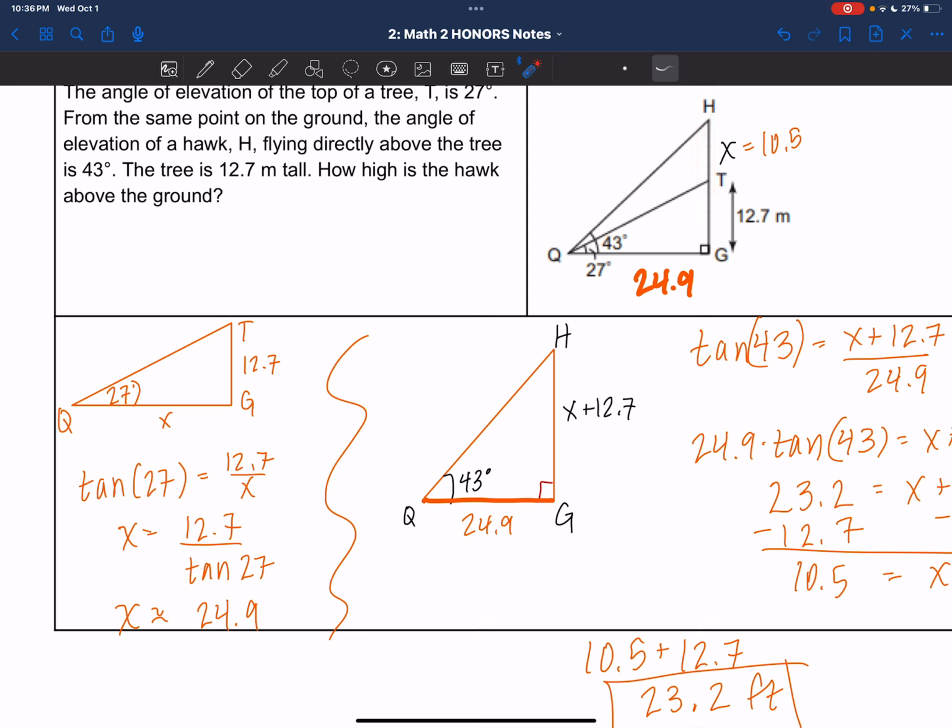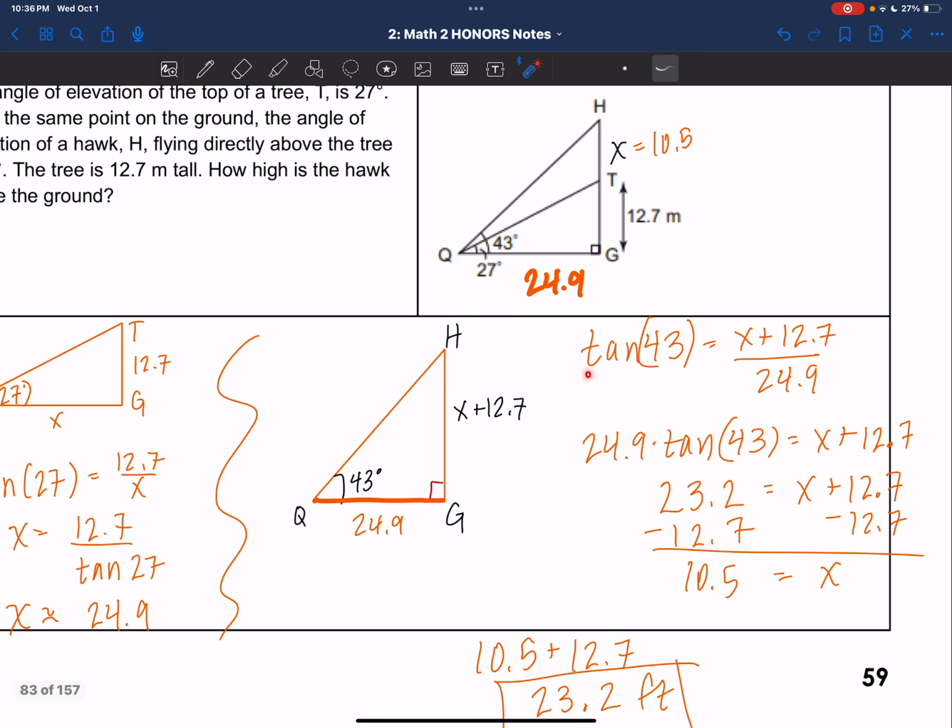So I know I've got opposite over adjacent, so I'm going to use tangent again. And we know that this time all of this is 43 degrees. So tangent 43 equals, now remember, this is x plus 12.7, because that's what it gave us before, so the total height.